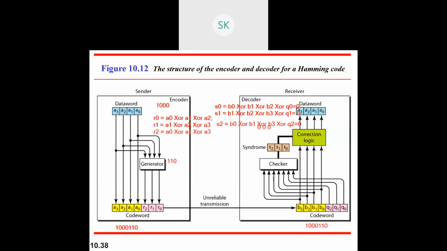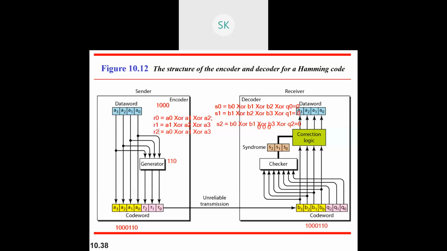So those particular bits will be attached to it. Then, with respect to syndrome, you need to take care about those particular R naught, R1, R2 also. You'll be attaching and you'll be sending it, right. You'll be renaming it as Q naught, Q1, Q2. Here A naught, A1, A2, A3 will be renamed as B naught, B1, B2, B3. So that's how it has been renamed and taken into consideration.